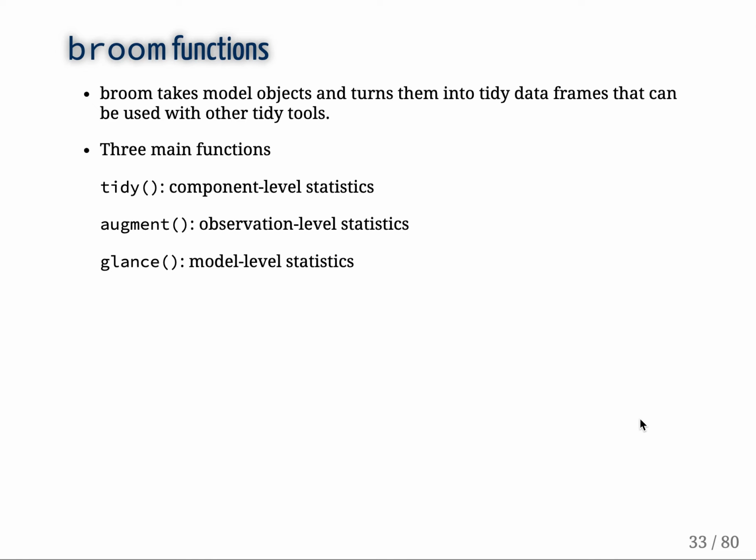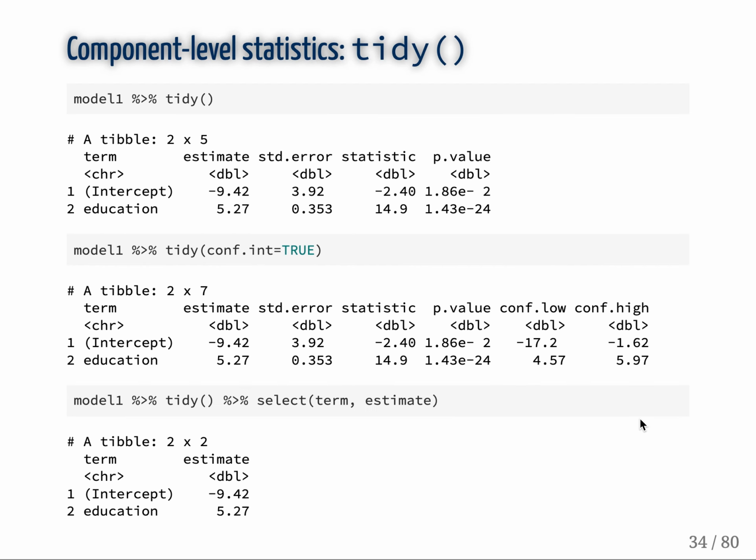Let's first look at the tidy function in the broom package. The tidy function in the broom package converts component level model output into a tidy data frame like this.